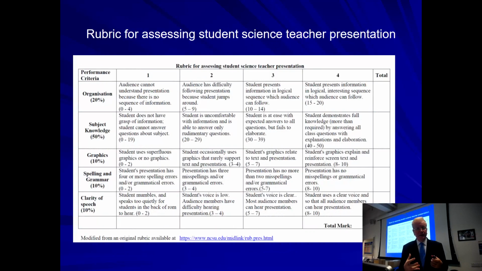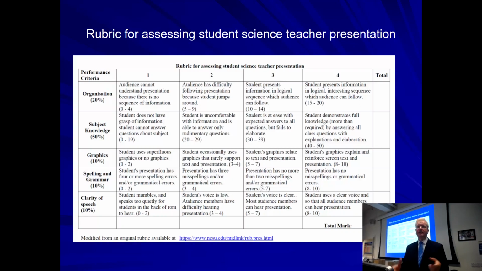Now, my main job is training science teachers in this university. And as part of the training process throughout the various years, every year students have to perform in front of their peers and present the findings of a project that they have carried out.